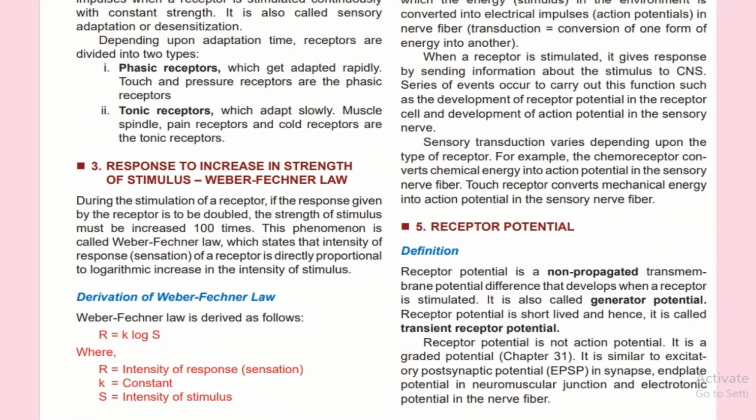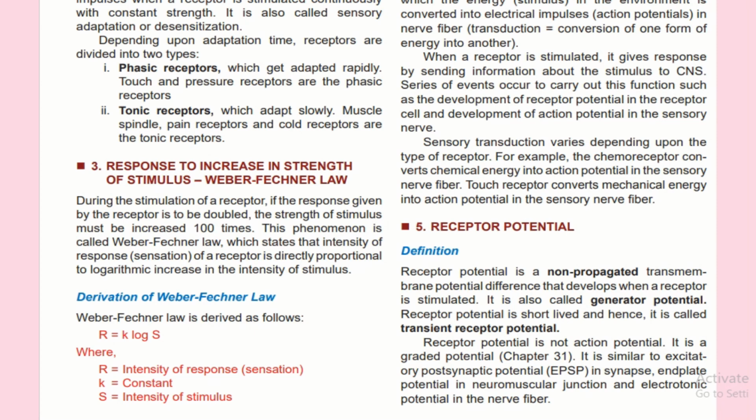Next property is response to increase in strength of stimulus, or Weber-Fechner law. During the stimulation of a receptor, if the response given by a receptor is to be doubled, the strength of the stimulus must be increased by 100 times.